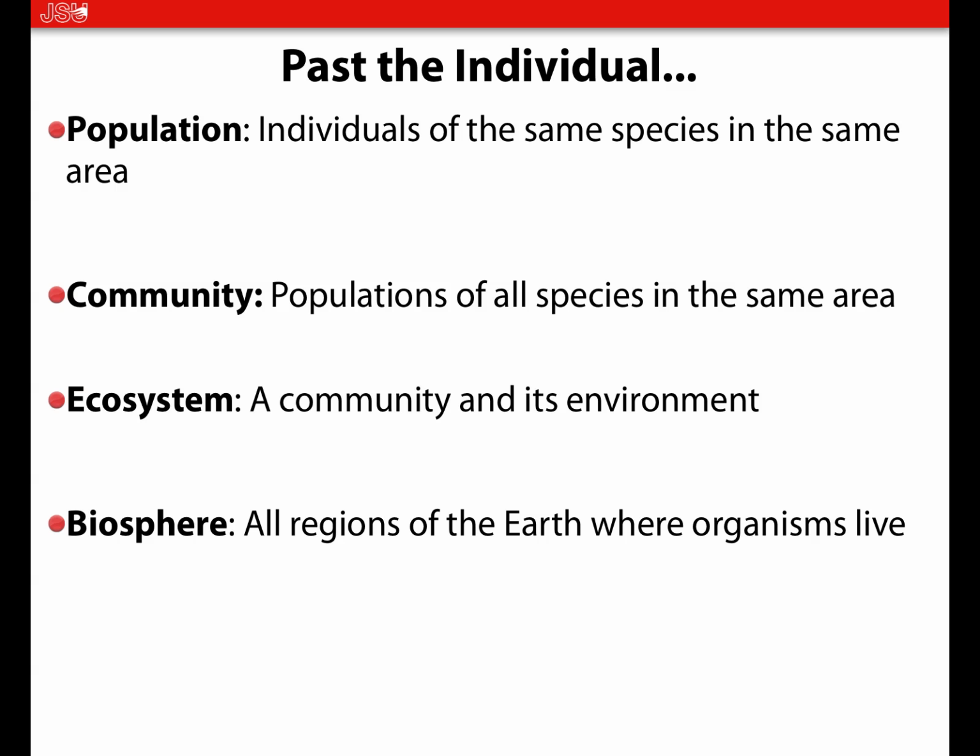Okay. Past the individual, we have a population, community, ecosystem, and biosphere. And again, that same idea is building upon each other. Many individuals are a population. Multiple populations are a community. That community and all of its environment is an ecosystem, and all the ecosystems combined is a biosphere.